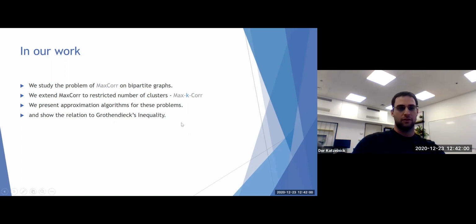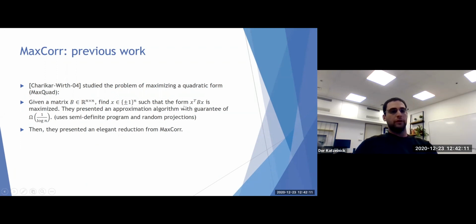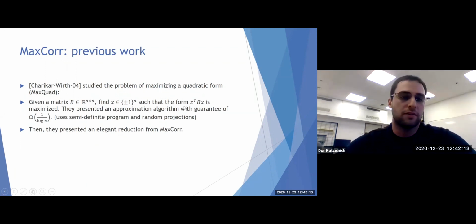Okay, so let's continue. This is what we did in our work. We studied the problem of max core on bipartite graphs, and we extended it to max k-core. So what was the previous work on max core? There is a work of Charikar and Wirth from 2004, and they studied the problem of maximizing a quadratic form, and we call this problem max quad. What is this problem?